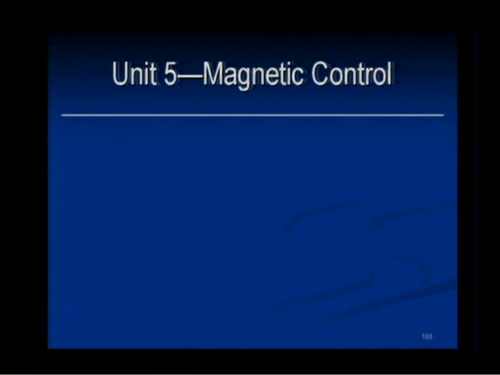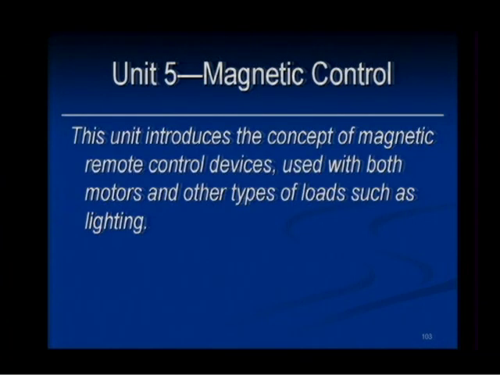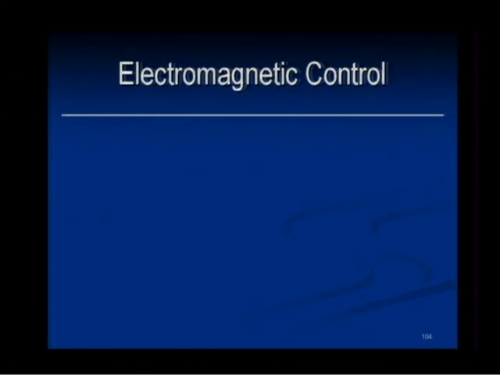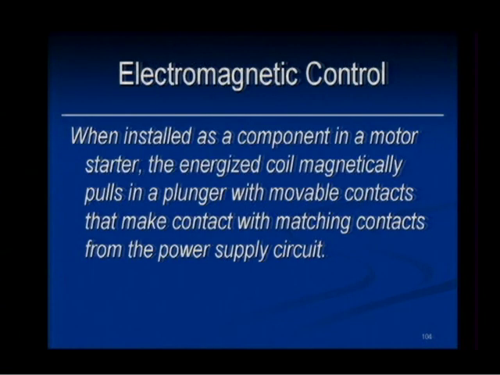Now we're into Unit 5, magnetic control. That was all like manual control. Now we're going to get into some real controls. This unit introduces the concept of magnetic remote control devices used with both motors and other types of loads, such as lighting. Electromagnetic control: when installed as a component in a motor starter, the energized coil magnetically pulls in a plunger with movable contacts that make contact with matching contacts from the power circuit or the supply circuit.